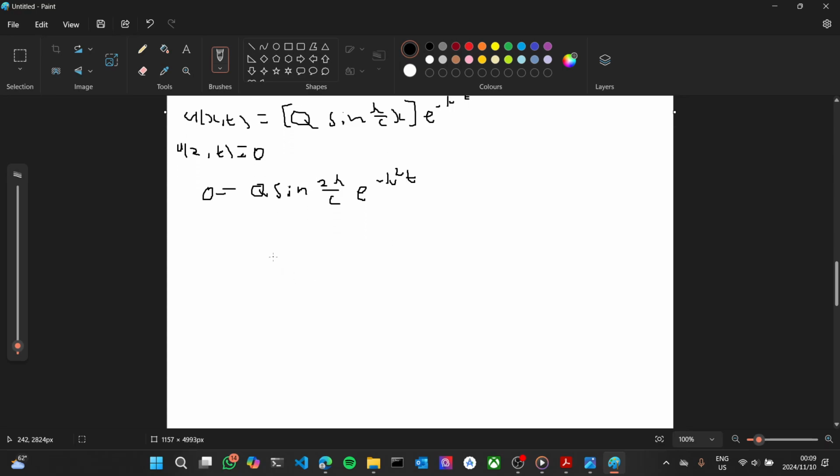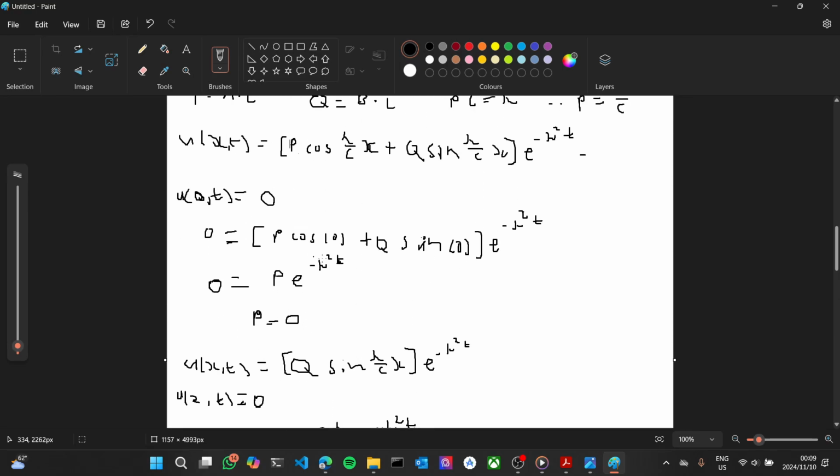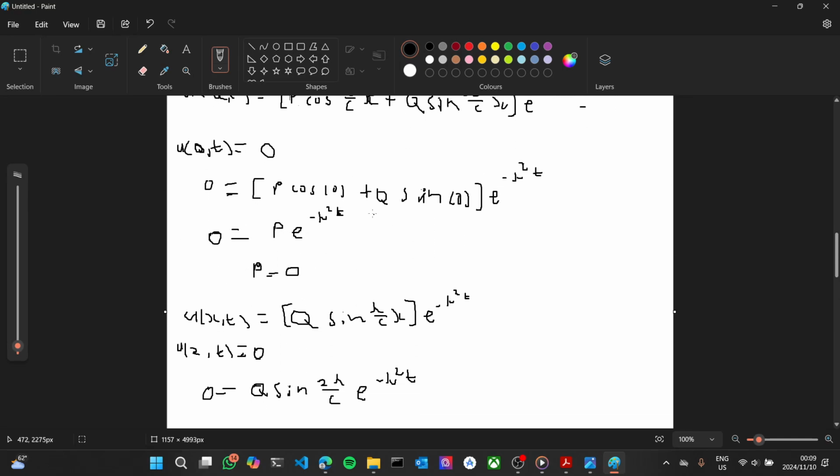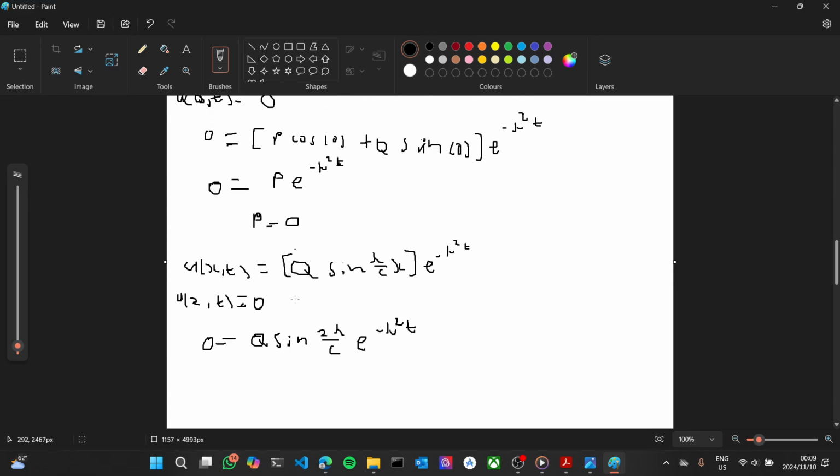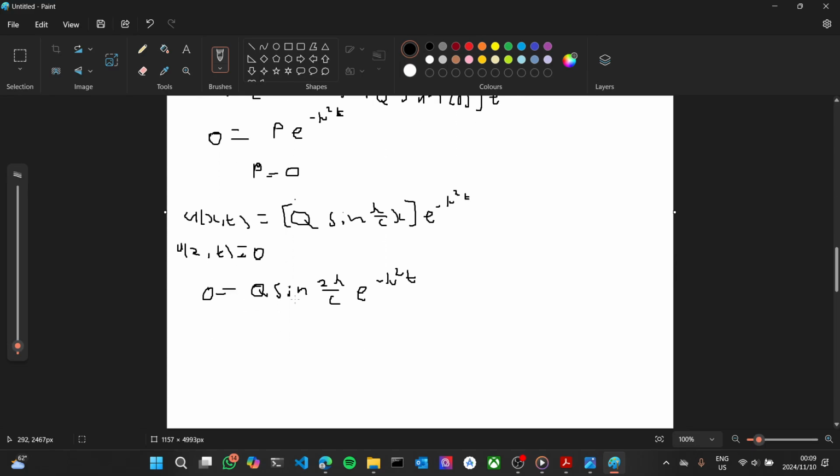Okay. Now we ask ourselves again, which term here is best to be made equal to 0, and it certainly now cannot be this constant q, because if q is 0, then this whole expression becomes 0, and that will be useless to us, so we can't do that. We don't want to make this 0 again, so the only thing left is sine 2 lambda over c.